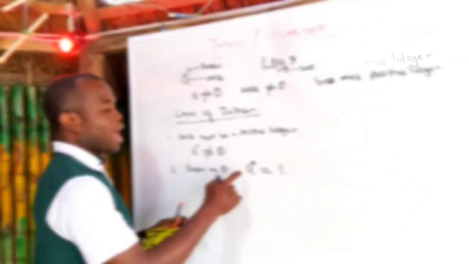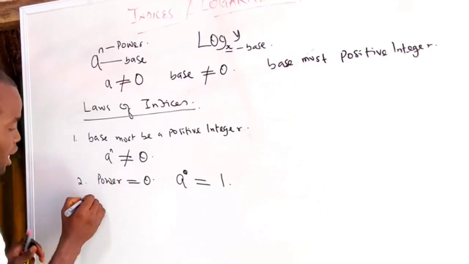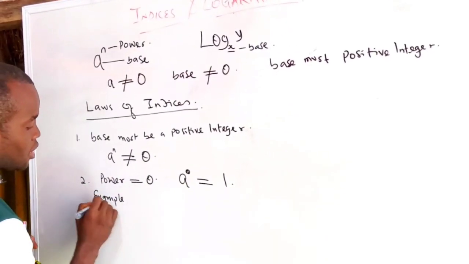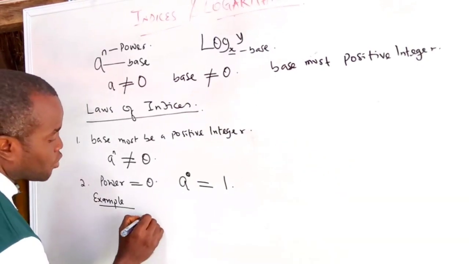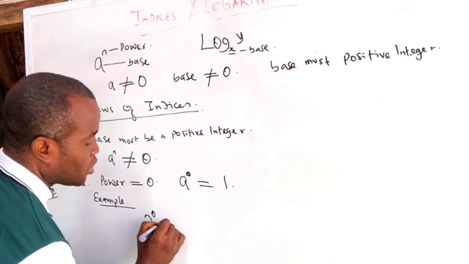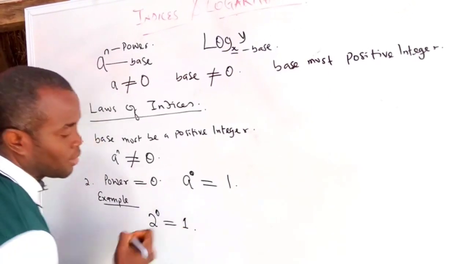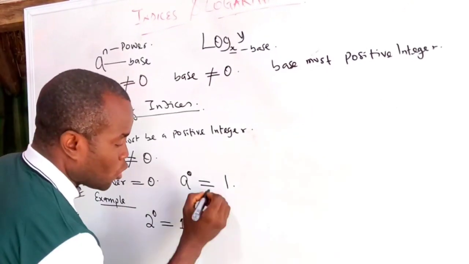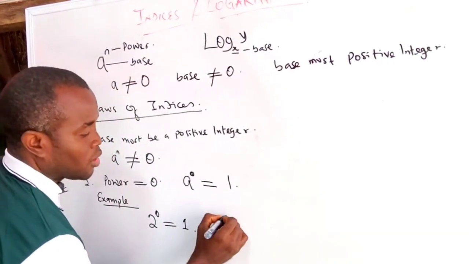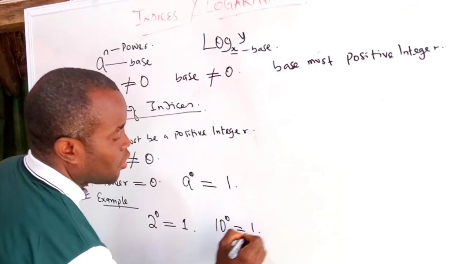Let's take an example. If you have 2 raised to power 0, this law says that 2 raised to power 0 equals 1. So what about if you have 10 raised to power 0? It simply also means 1.